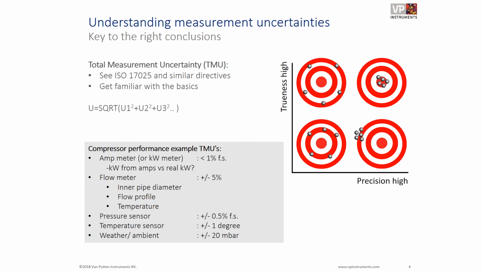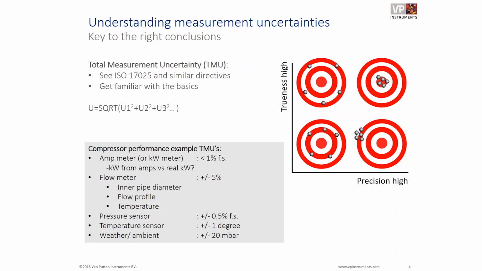For example, an amp meter could have 1% full scale. A flow meter, when installed, can deviate maybe a couple of percent, up to 5%, because you don't know exactly the inner pipe diameter. You don't know the flow profile. There might be temperature swings that can affect the flow meter.